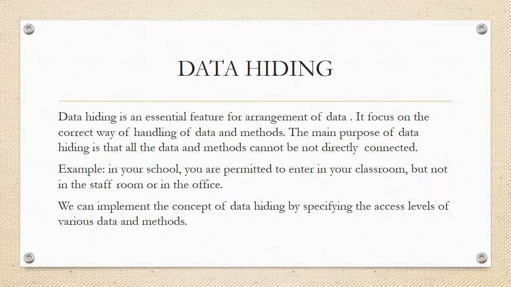In this way, if we talk about a class, all the data and all the member functions are not permitted to be visible or accessed by all the other classes.